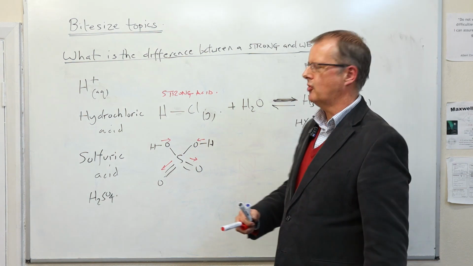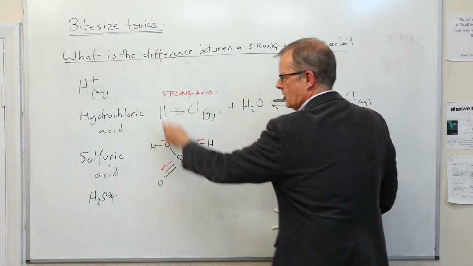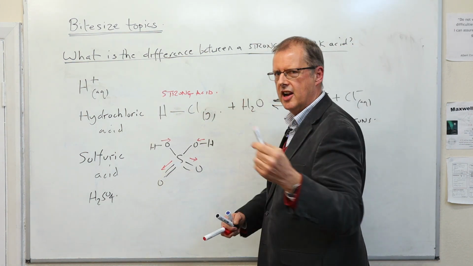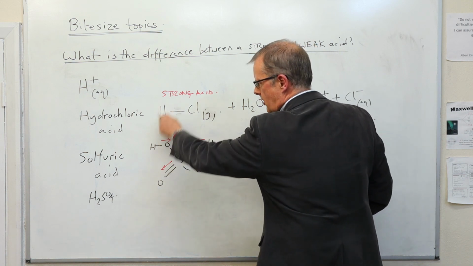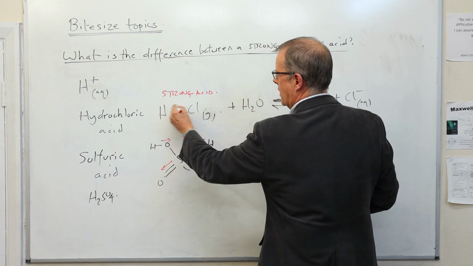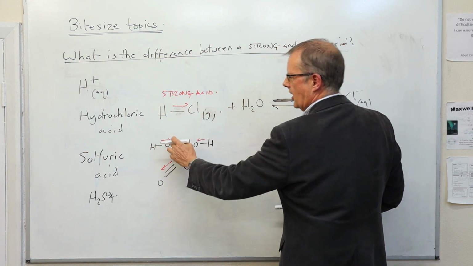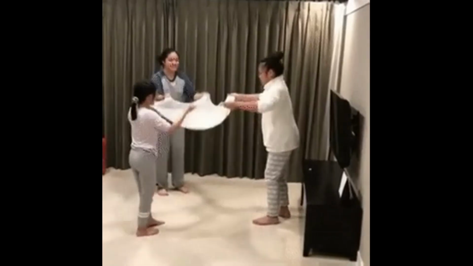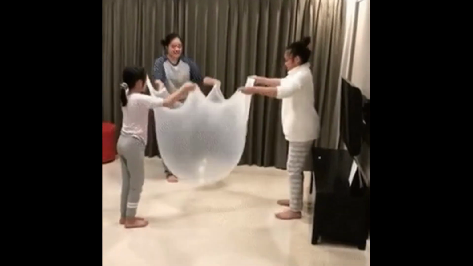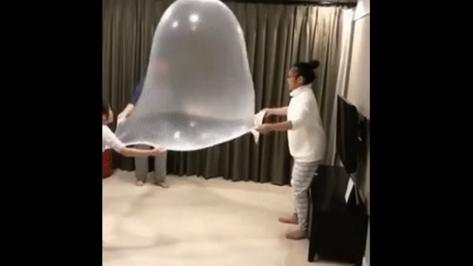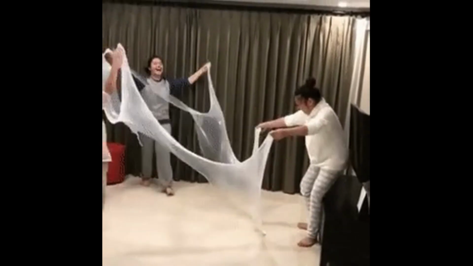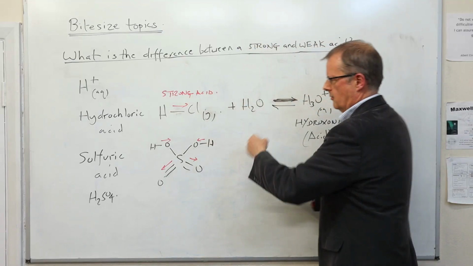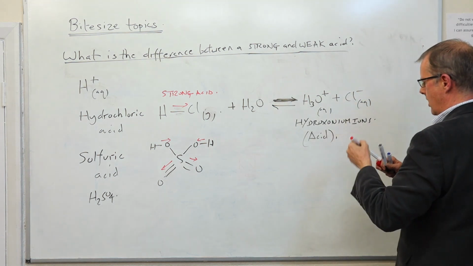When those bonds break, the hydrogen atoms break off as hydrogen ions because of this environment. So what have these two molecules got in common? I've got this electronegative chlorine here, I've got electronegative oxygen here, stretching these bonds to the extent that, in the right environment, in other words in water, you need water for this to happen, the bonds break and I get my hydroxonium ions.